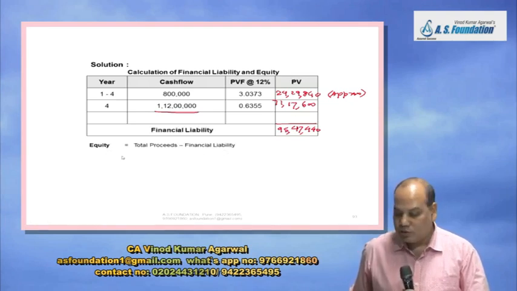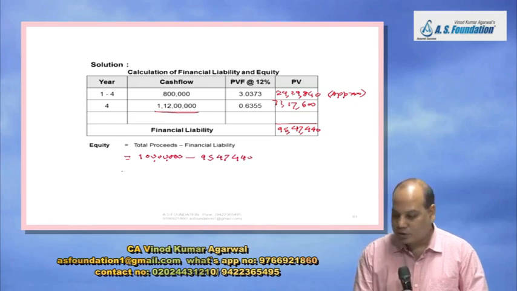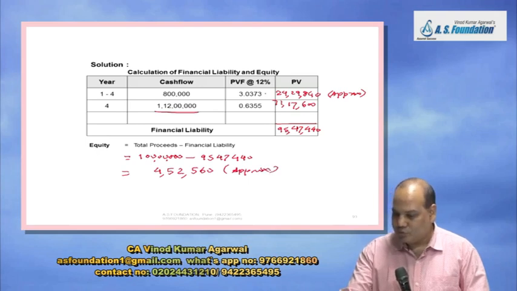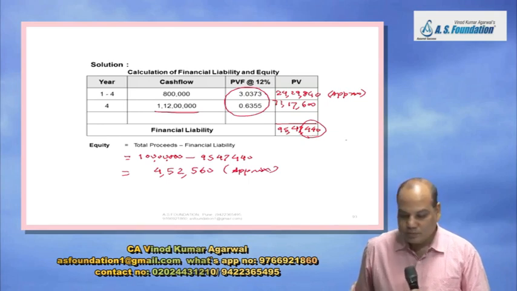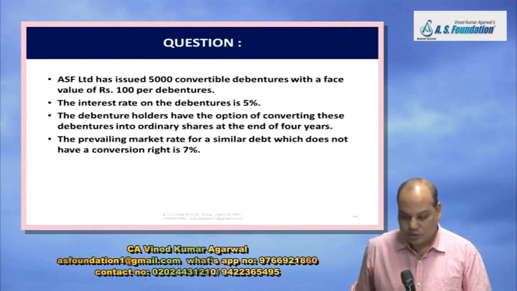Now write down equity equal to proceeds minus liability. Proceeds is 1 crore minus 9547440, approximately. So this will be 4 lakh 52,560, right? If you use a different factor, your answer will change by a few rupees. Don't worry. Done. Come to the next question.